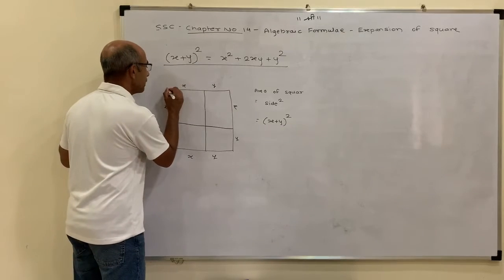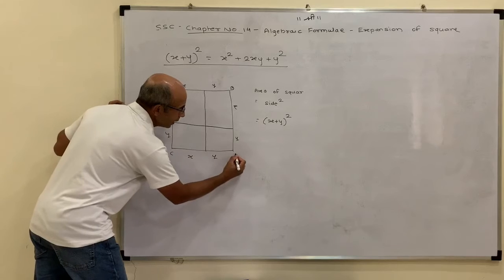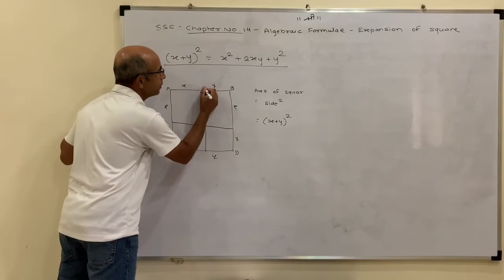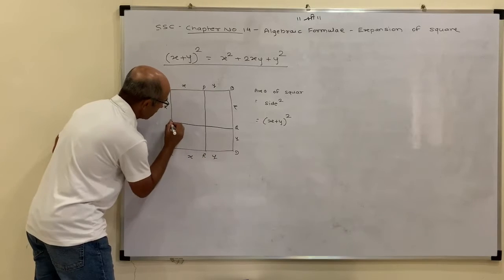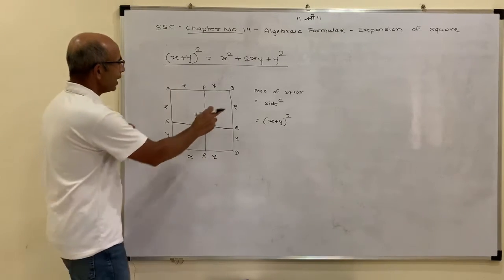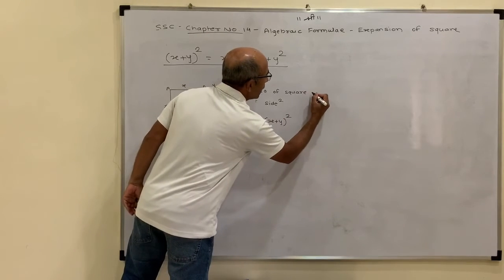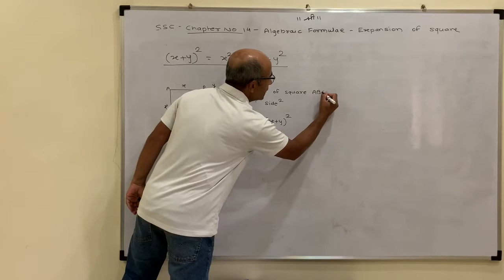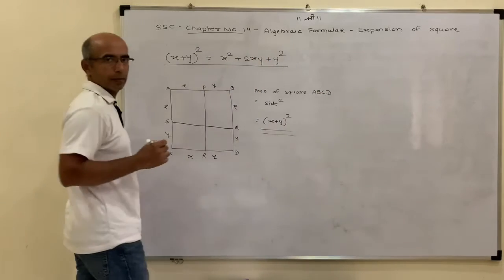Now I'll name the corners A, B, C, D, and this is P, Q, R, and S. Now this one is the bigger square, so the area of square ABCD equals (x plus y) square.